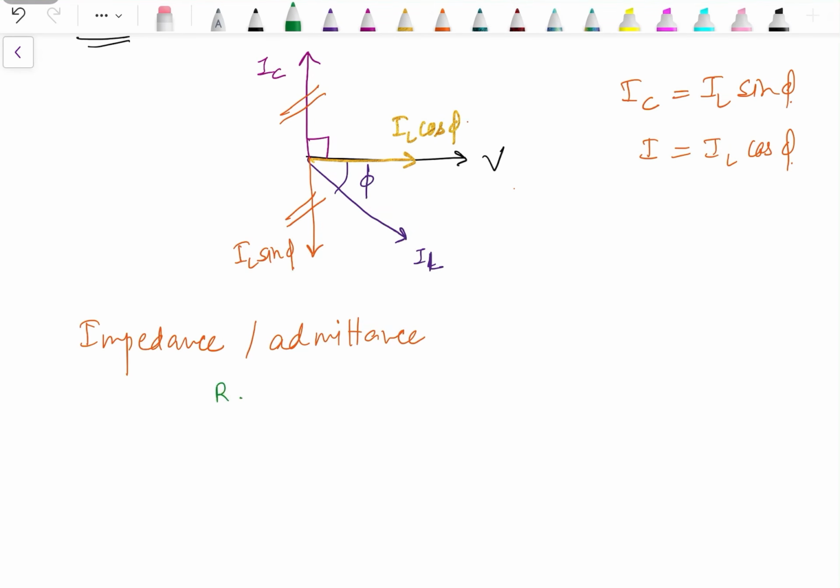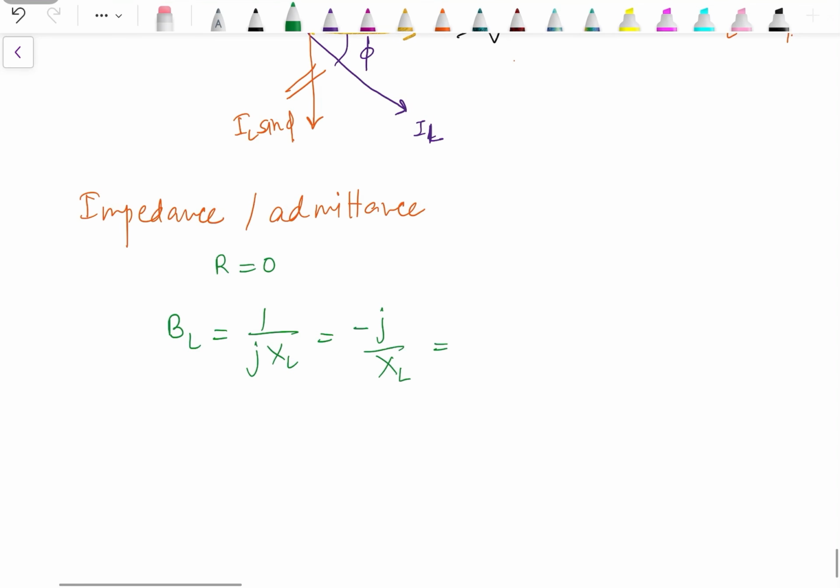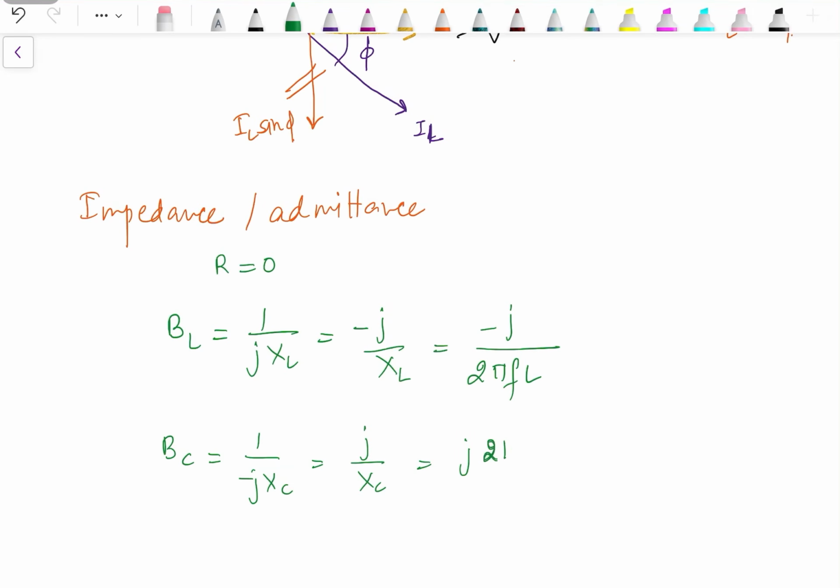For that, let's consider the resistance is 0. So when the resistance is 0, the inductive susceptance is 1 upon j XL, which can be written as minus j by XL, minus j upon 2 pi fL. Capacitive susceptance is 1 upon minus j XC, that is j upon XC, or j 2 pi fC.